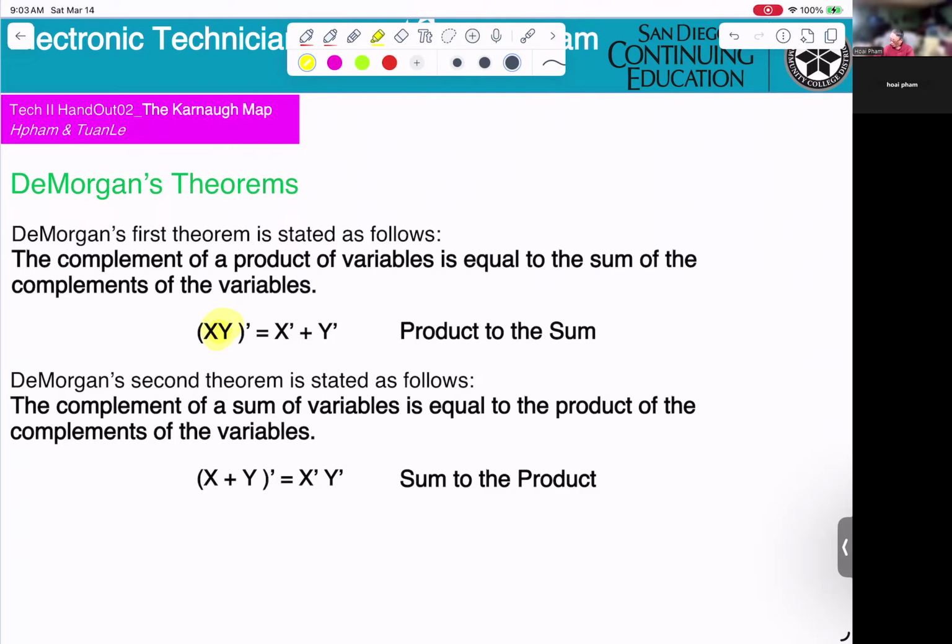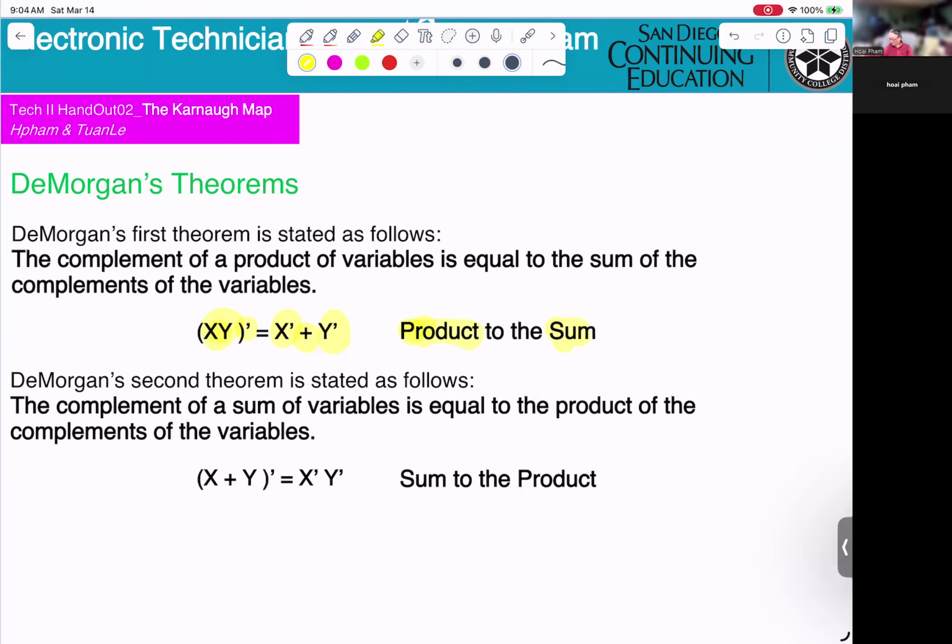And that can be equal, I to be not I, or Y not. This is a product to the sum. Okay? You get a product, not X, Y. And you try to open the not here. So X will be not X, and will be or. Y will be Y not. That means product to the sum.